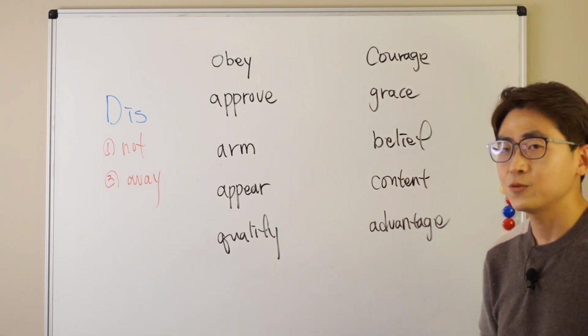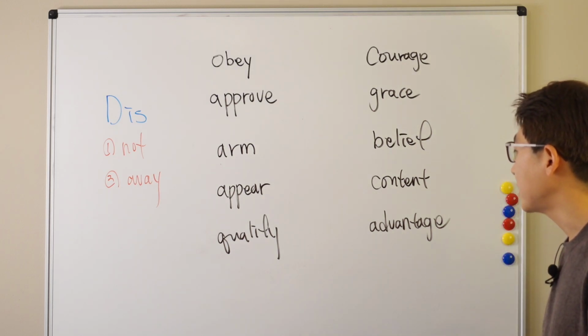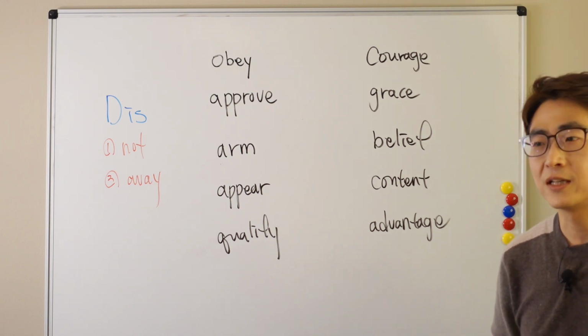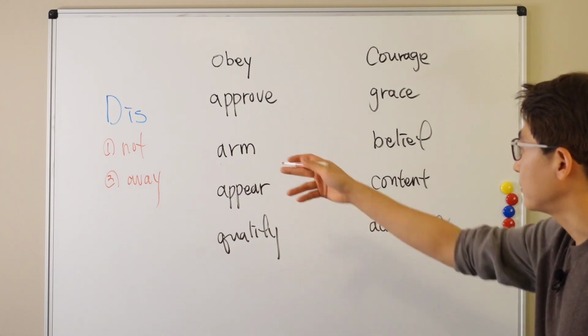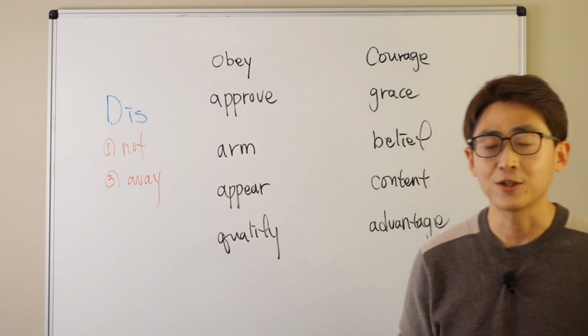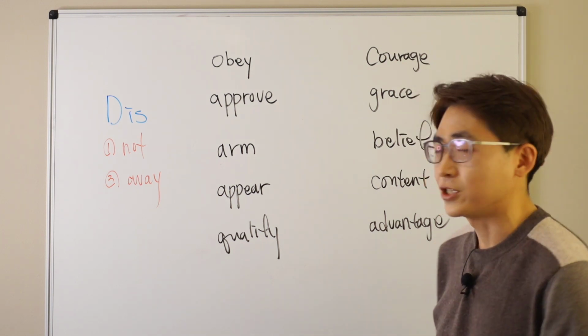Finally, advantage was the benefit, something that you have that makes you superior in a competition or in a contest. However, if you put this, it meant the opposite. So you're no longer in a superior position, disadvantage.